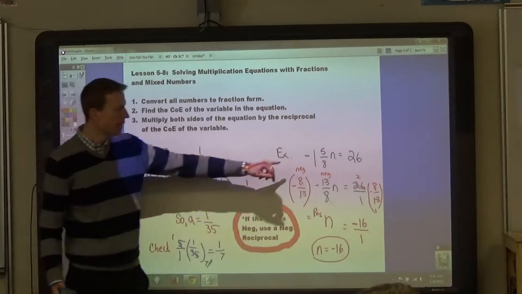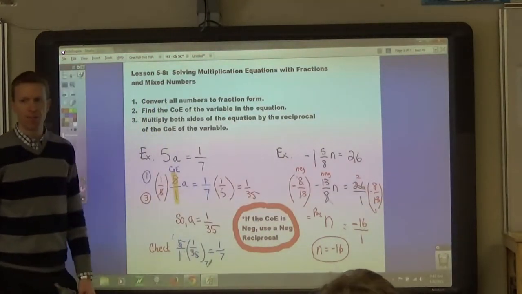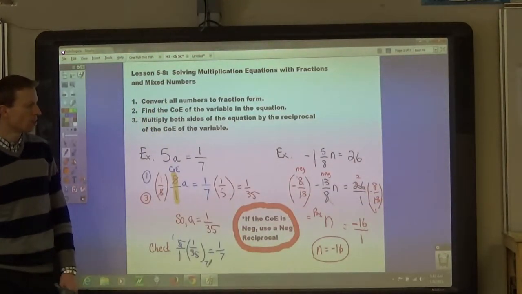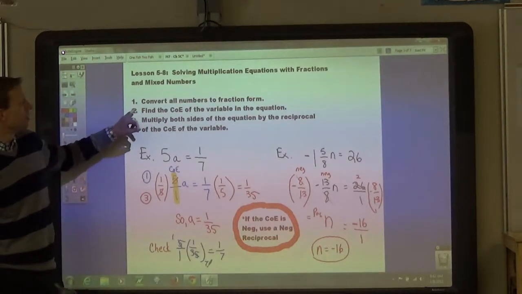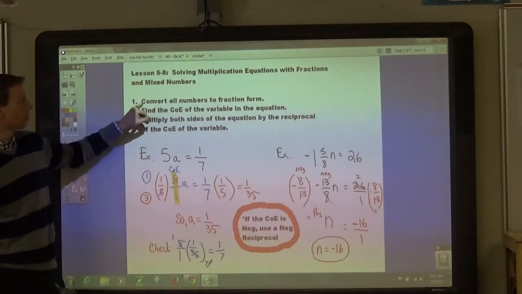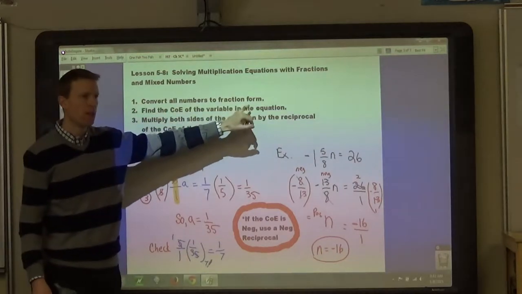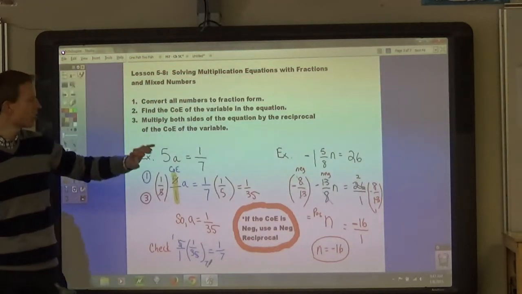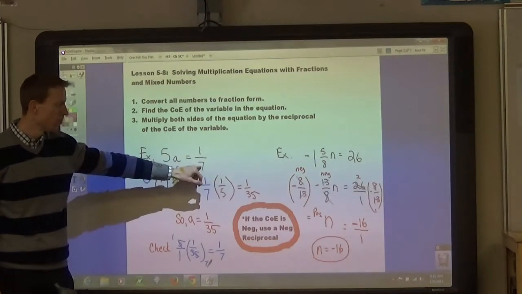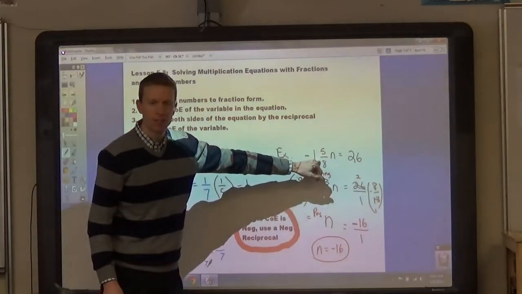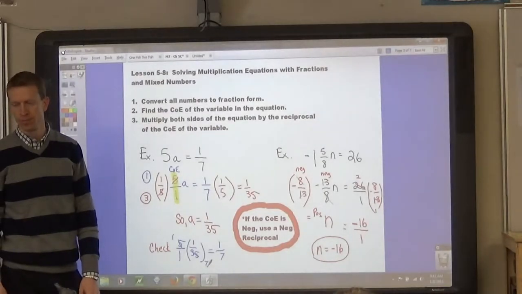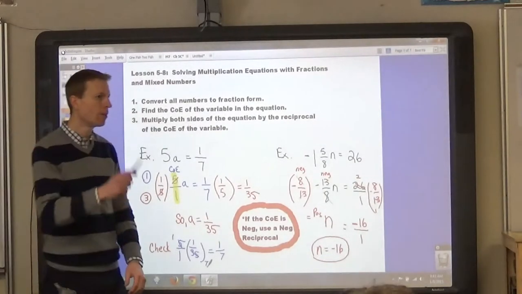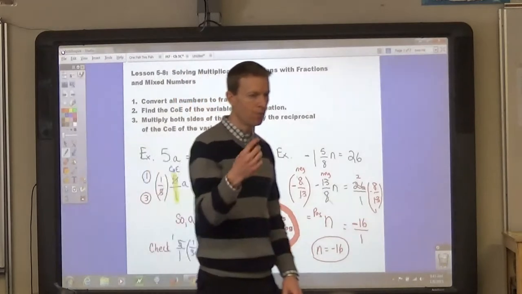Let's go with a mixed number, or fractions. Starting with fractions. Step 1 in these is to convert all the numbers to fraction form. So whenever you have an equation with a fraction in it, or a mixed number in it, you need to change it to fraction form. Okay? If it's a whole number, just write it as a fraction. 5 over 1.